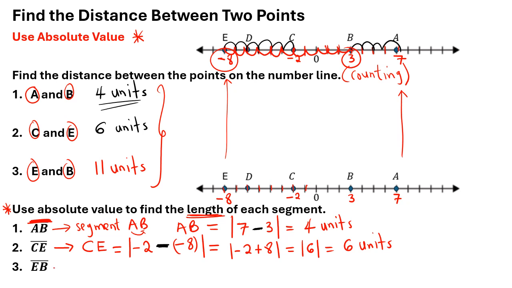All right, so welcome back. We are going to represent the length of EB as EB, which is equal to the absolute value of E. We know that E is -8 right here. And then we're going to subtract B, which is +3.